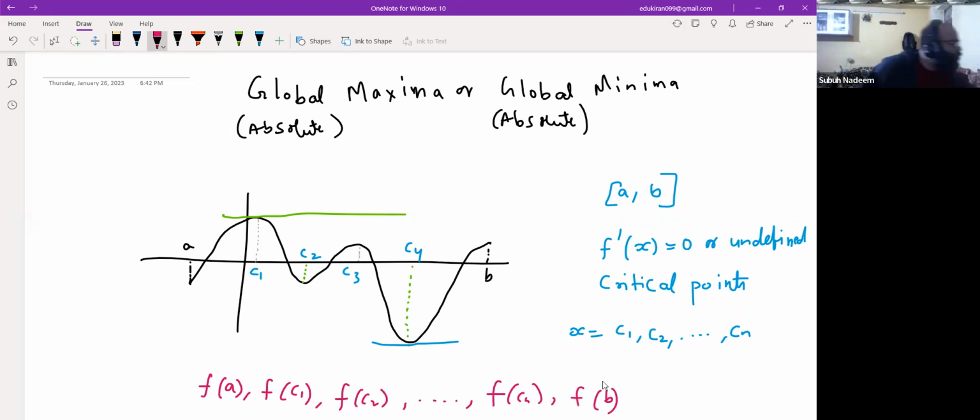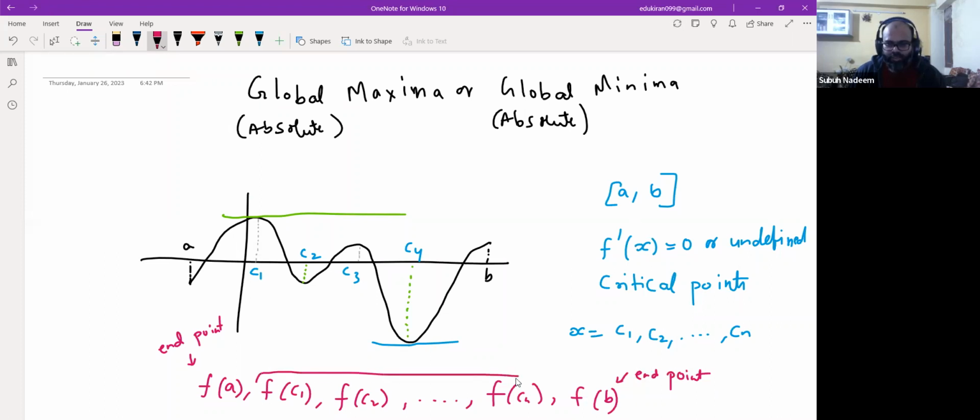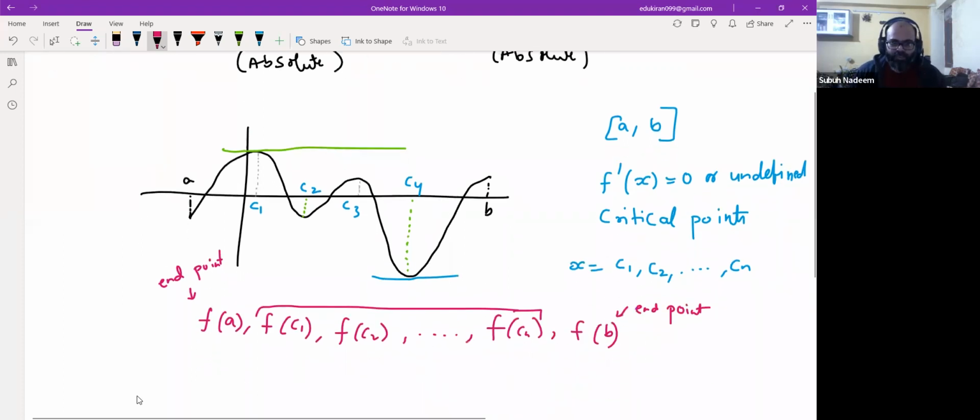So you have to find all the values at the endpoints. This is endpoint from starting. This is endpoint from end. And all the critical points. These are the values at the critical points. And you see among all of them, which is maximum.